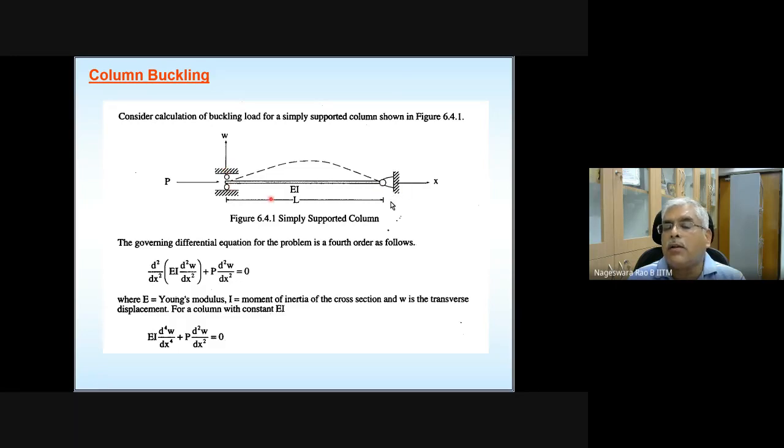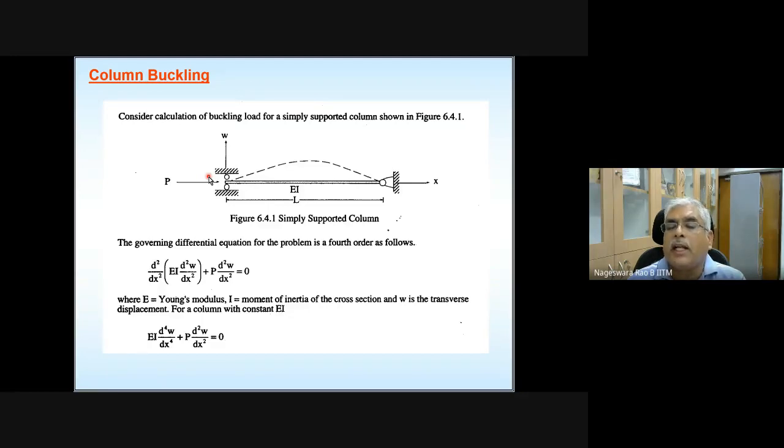This is a hinged column. For this kind of column subjected to load P, what is your Euler's critical buckling load? You know the solution for this: pi square EI over L square.